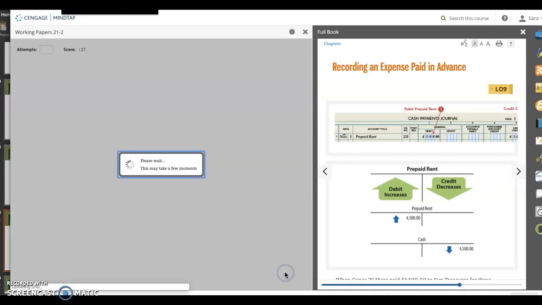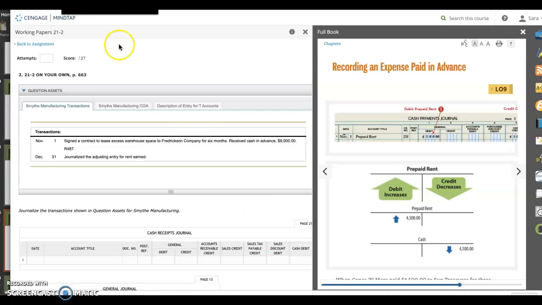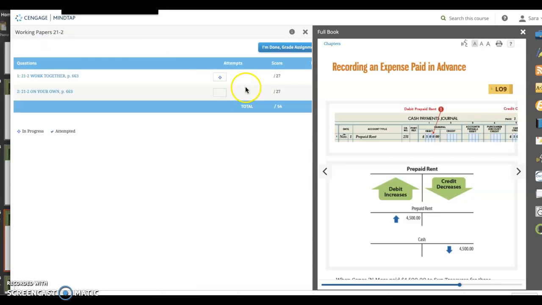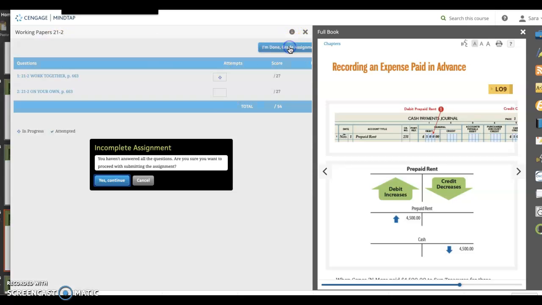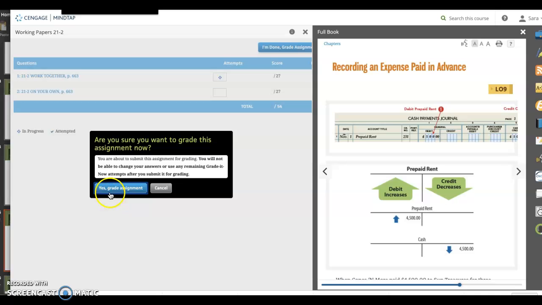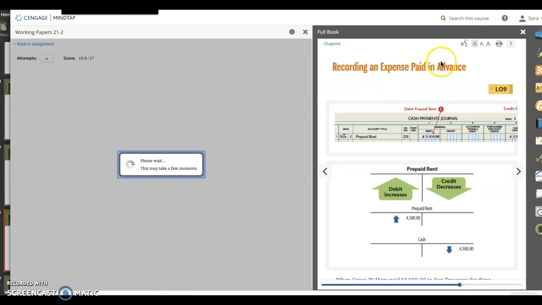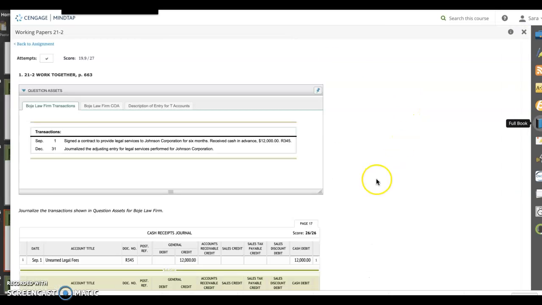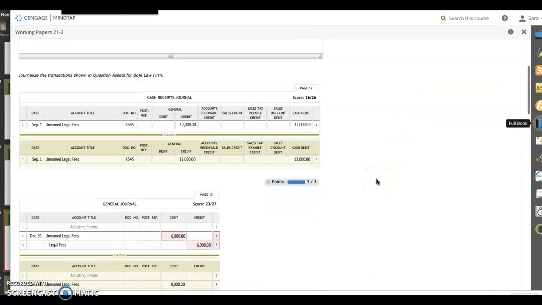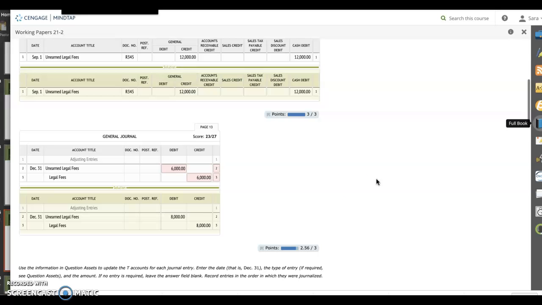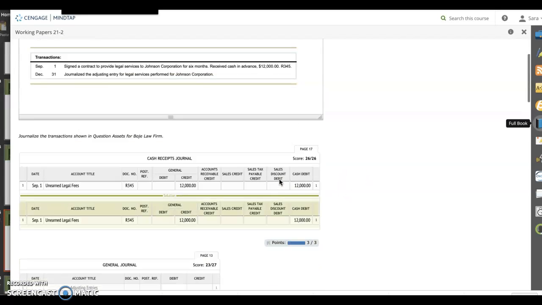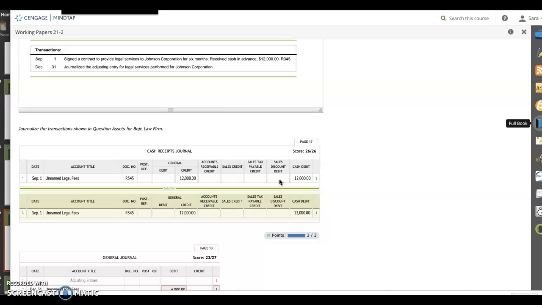I'm going to go ahead and save mine, and I'm going to go back and tell it to grade it so we can check on these. And it looks like we do have some mistakes somewhere, so let's go see what those are. Oh, on our fees, I didn't count September, so September, October, November, December.